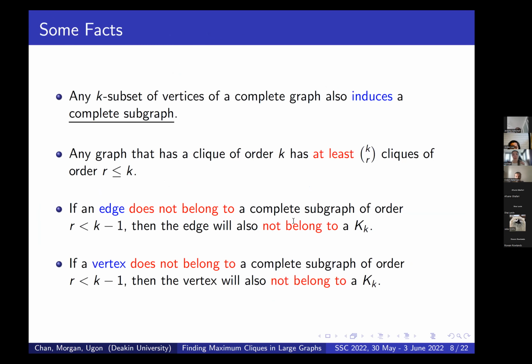So we have the counts of all the R-cliques for R relatively small. We can count for R up to 5, the number of K5s or even K6s, complete graphs of these small orders in the graph.